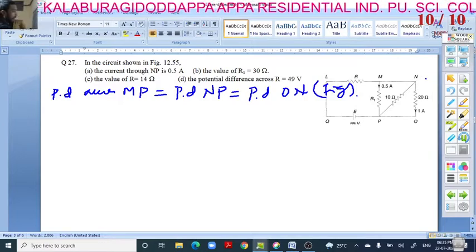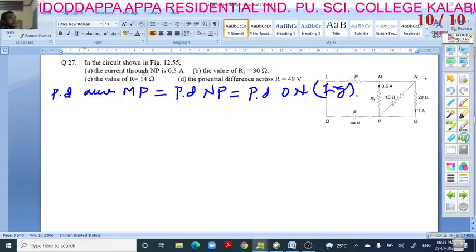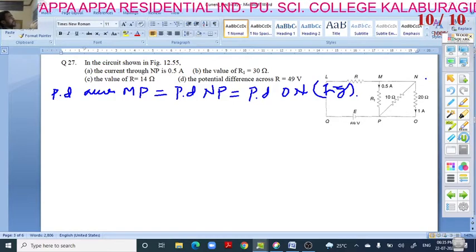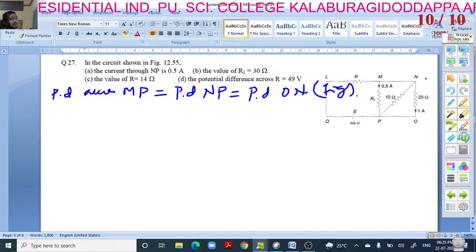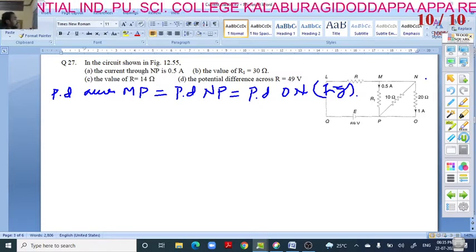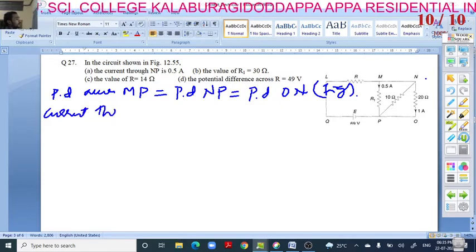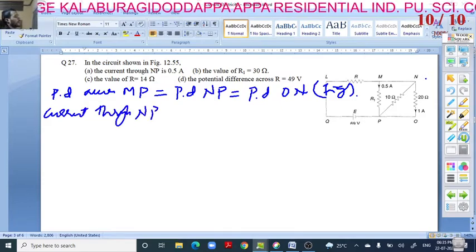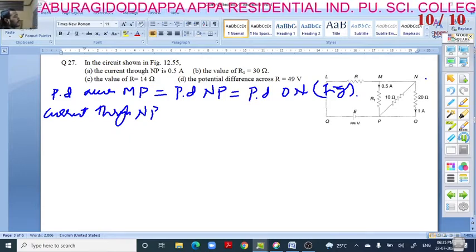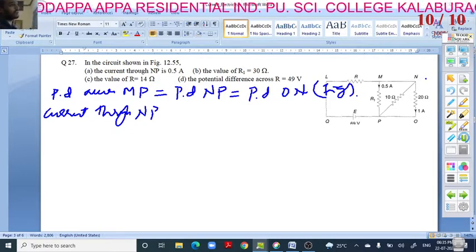Right? Okay. Here I want to know first option what he has given, current he has given. See here I want to know current through NP. However potential of all the three are equal here.